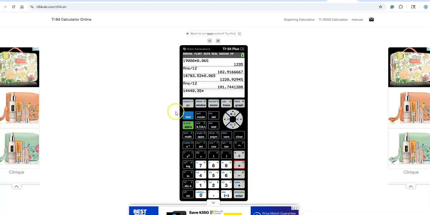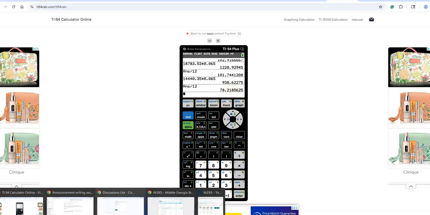Multiply by 0.065 and divide by 12. So your interest now, instead of the over $100 like we paid, is $78.22. Again, the third digit is 8, so we added 1.